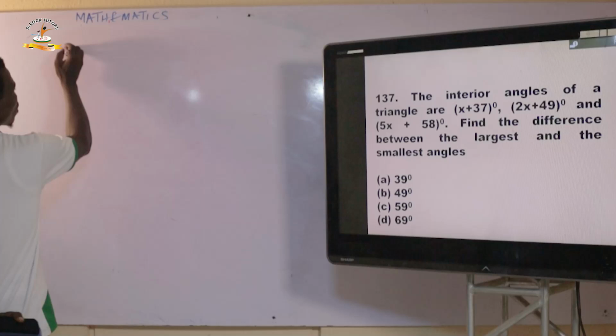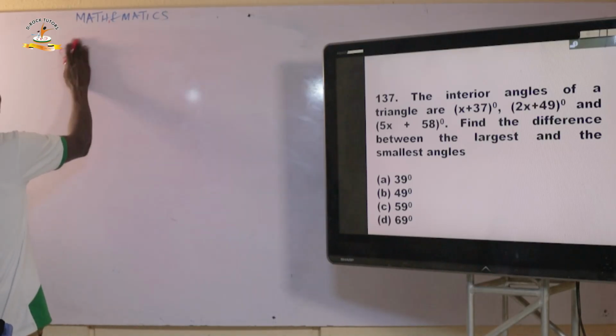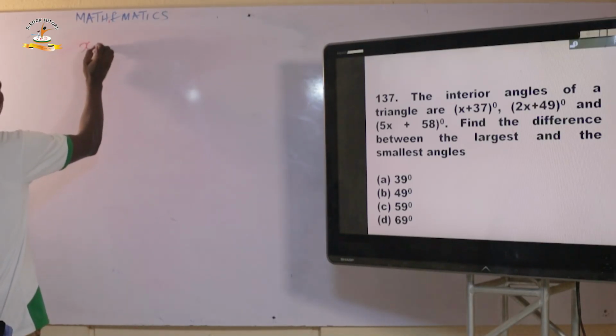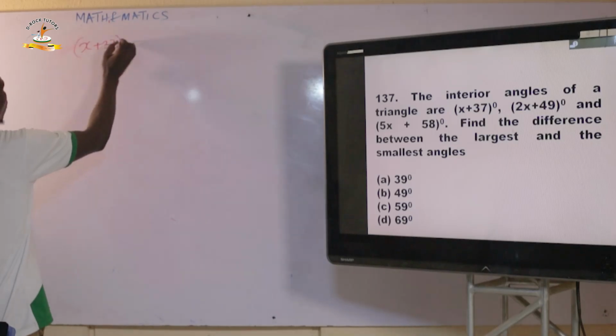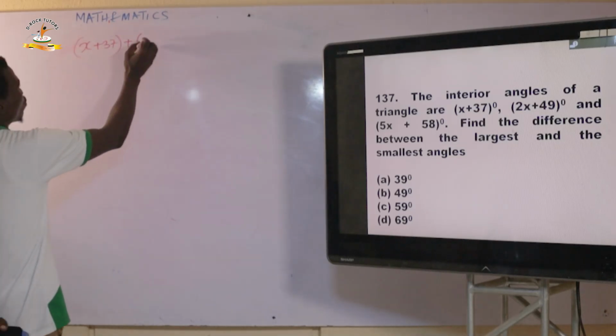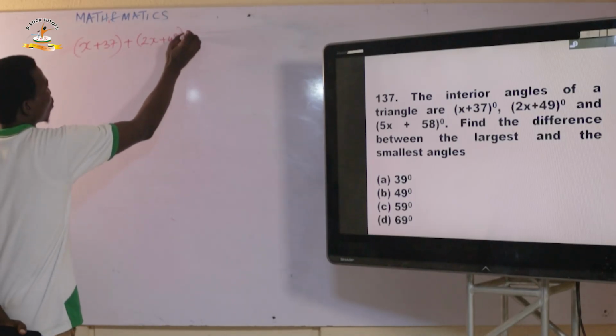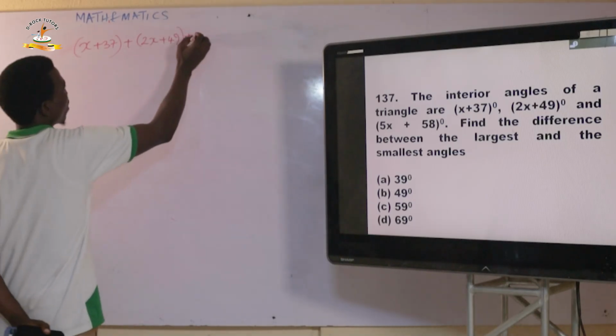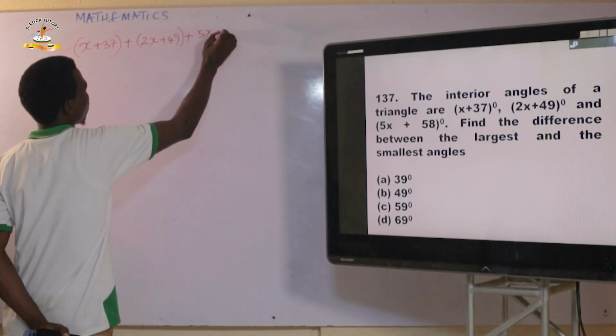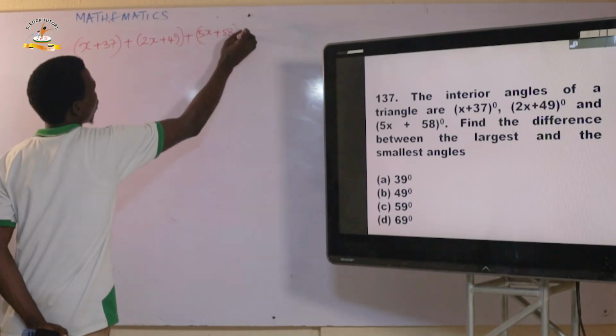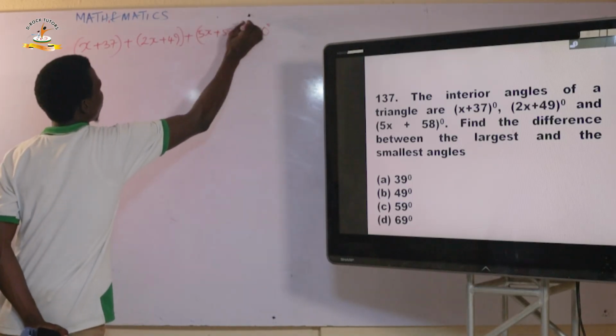So if we add up all the angles given, it should sum up to 180 degrees. So I write x plus 37 plus 2x plus 49 plus 5x plus 58 must be equal to 180 degrees.